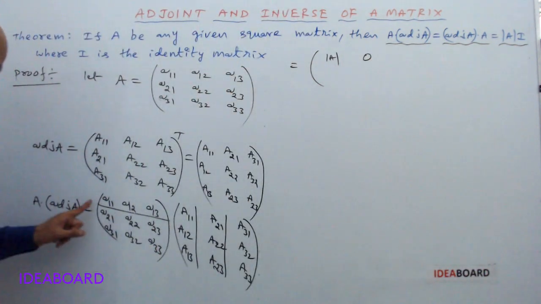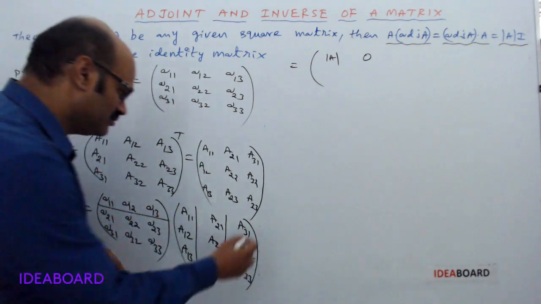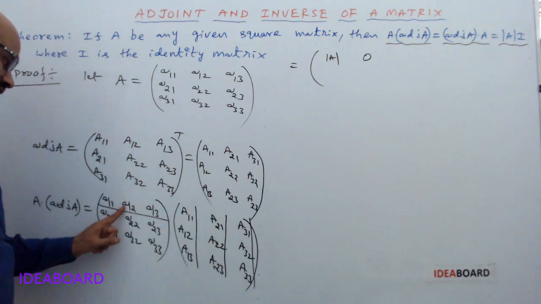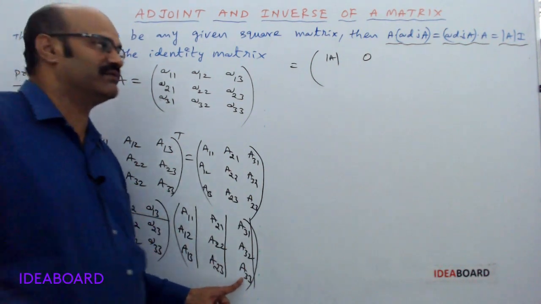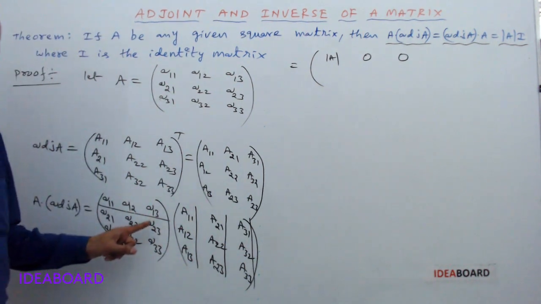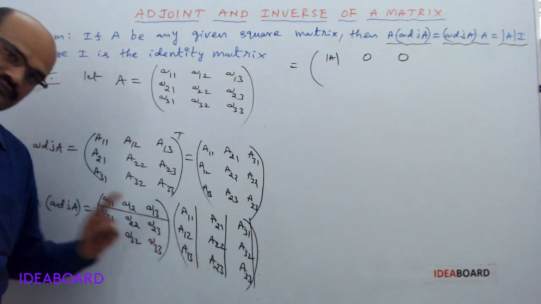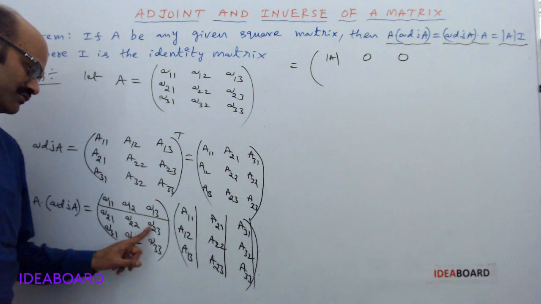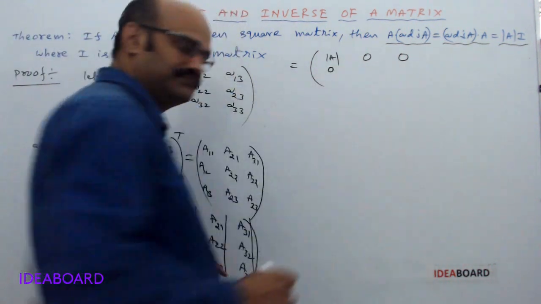Now, first row into third column: a11 into A31, a12 into A32, a13 into A33, that is also equal to 0. Next, second row into first column: a21 into A11, a22 into A12, a23 into A13, then this will be equal to 0.